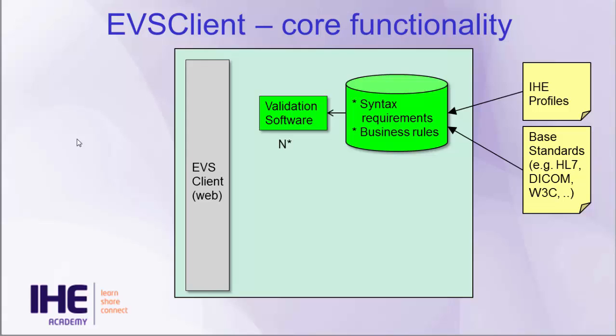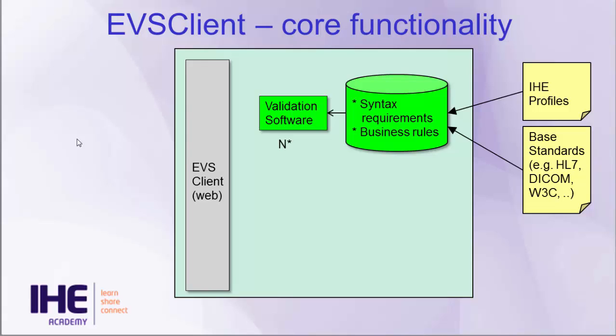Those requirements and business rules have been derived from the IHE profile specifications, as well as from the requirements as specified in the base standards, for example in HL7, DICOM, W3C or digital signatures or whatever.